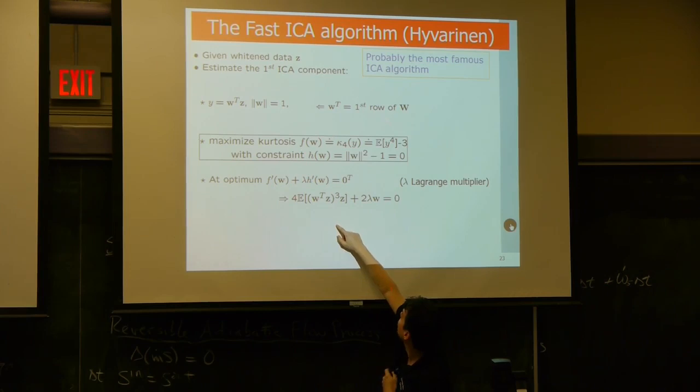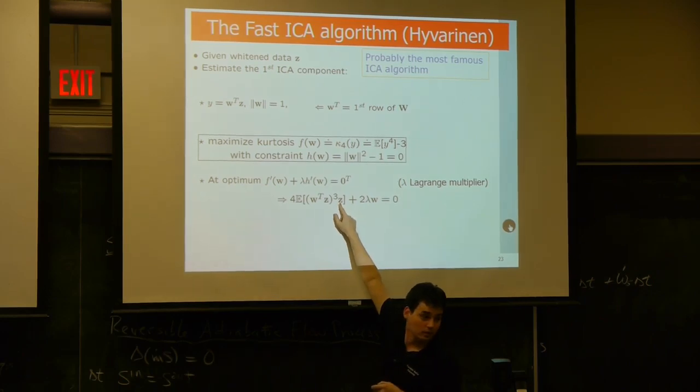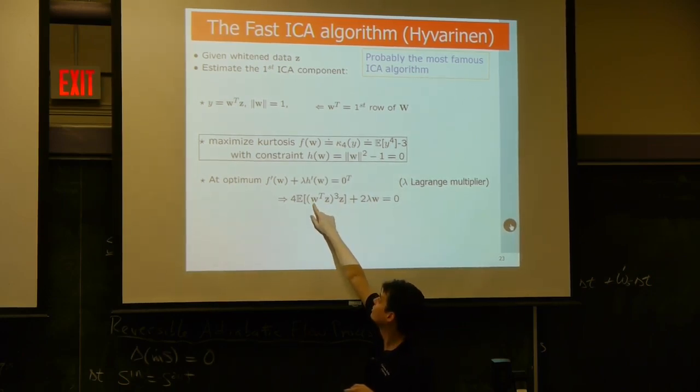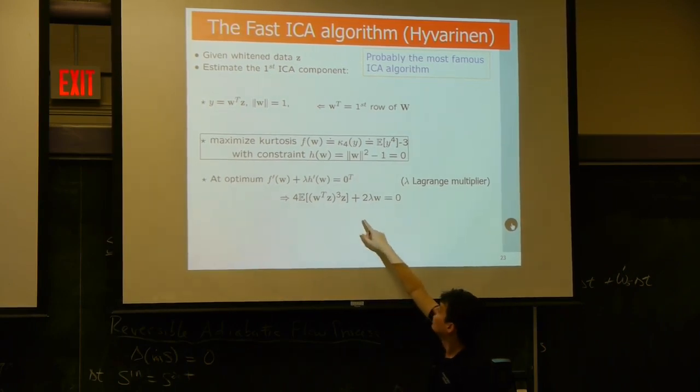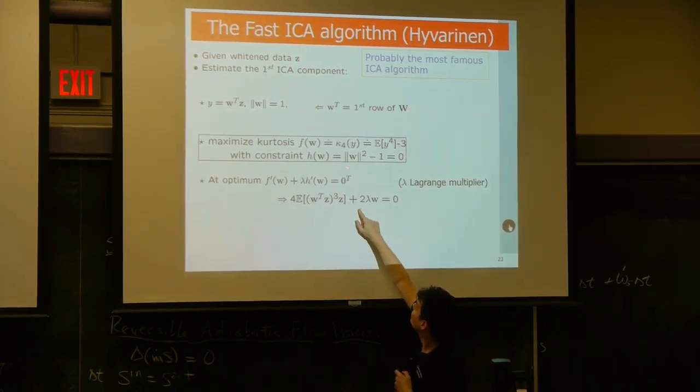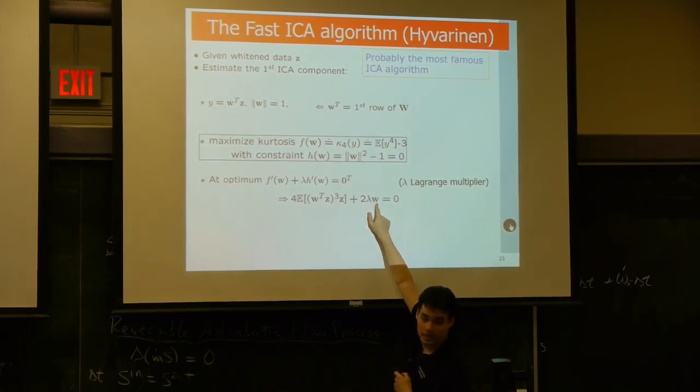So the derivative of that is 4 times the expected value of y to the 3, but y is W transpose Z. So that's this expression, and we calculate the derivative with respect to W. That's why we have this multiplier here. The derivative of W transpose Z with respect to W is Z. And the derivative of W transpose W is 2 times W.